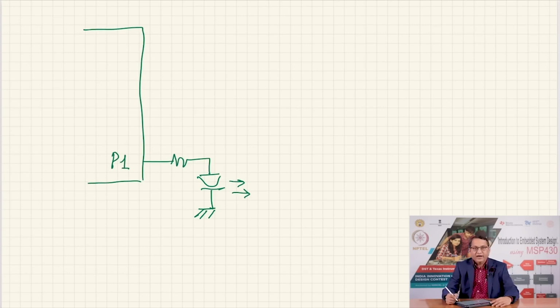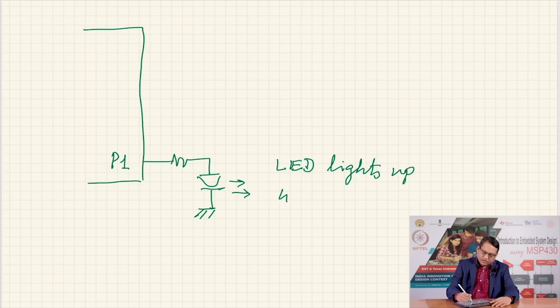This LED will light up when P1 is equal to logic 1. When the logic voltage level on P1 is 1, the LED lights up.